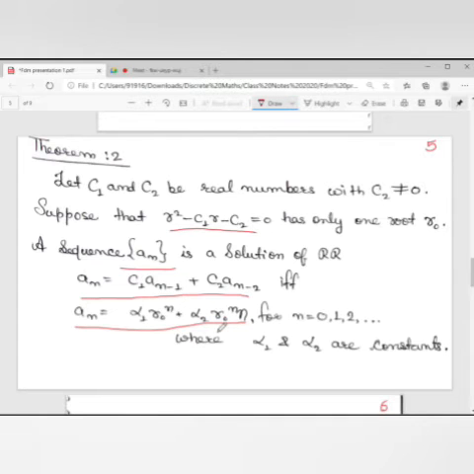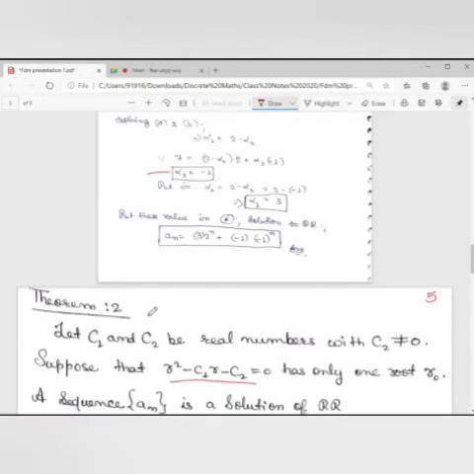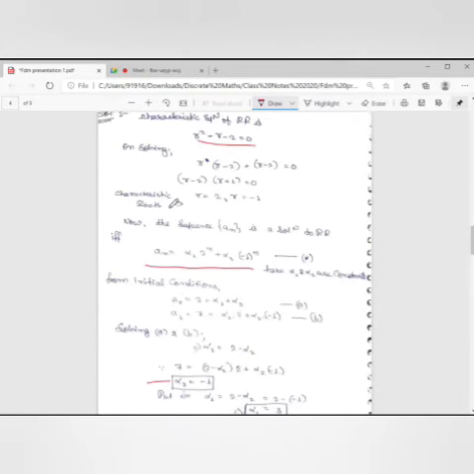I have not proved this and not presented any example because it is the same example I have given above. Similarly, in this theorem number 2, as I got there r is equal to 2 and r is equal to minus 1.